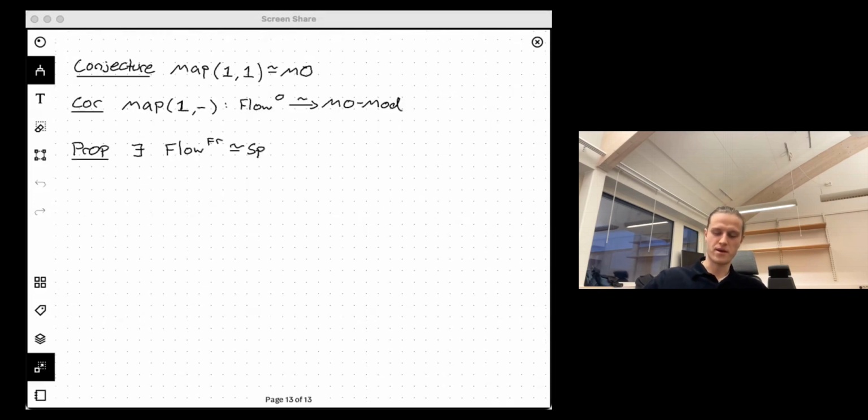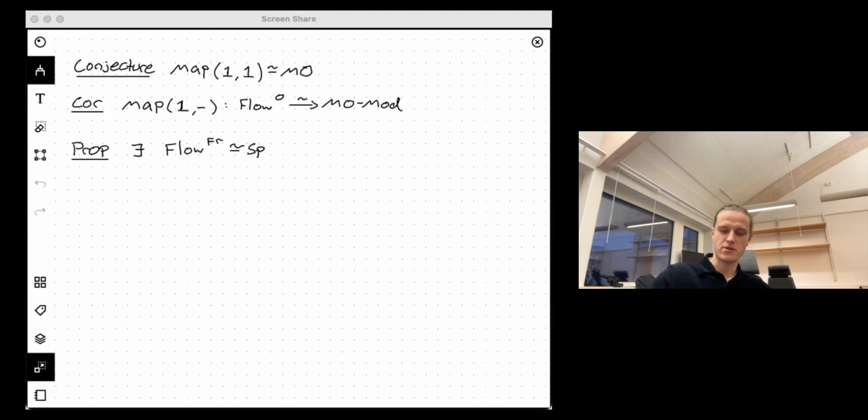So the big theorem is that the endomorphisms of one, that's the Thom spectrum, MO. I write conjecture here because it's not explicitly shown in Abouzaid-Blumberg, but I think it's very clear how to extend the methods that they use there.